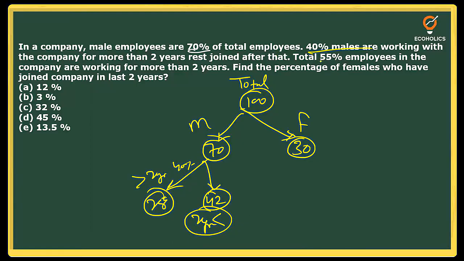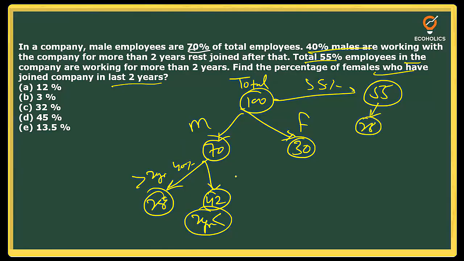So now, total 55% employees in the company are working for more than 2 years. So 55% of this is easy then. 55. Find the percent of females who joined the company in the last 2 years. So out of 55, 28 are male here.